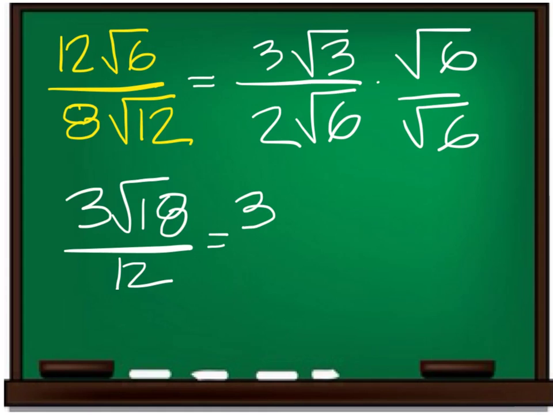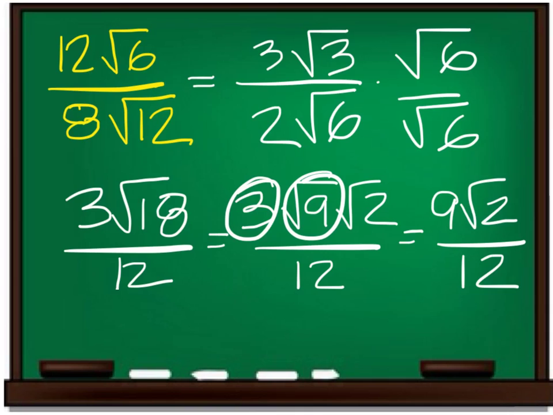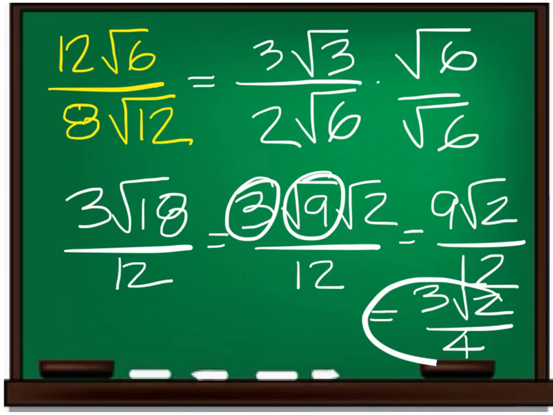And the 18 breaks up as 9 and 2. So this would be a 3 times 3 is 9. Square root of 2 over 12, and then reduce the 9 over 12 to get 3 square root of 2 over 4.